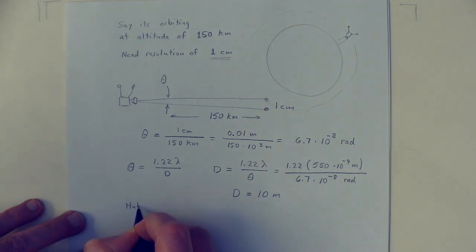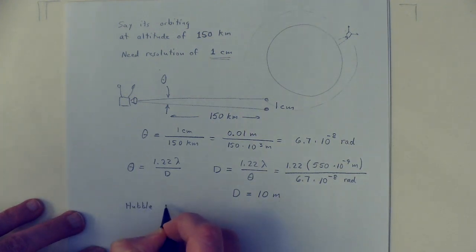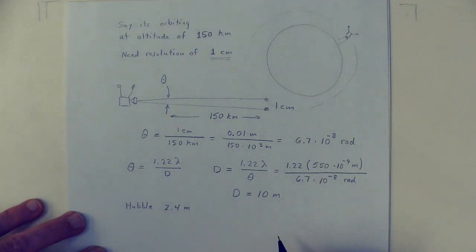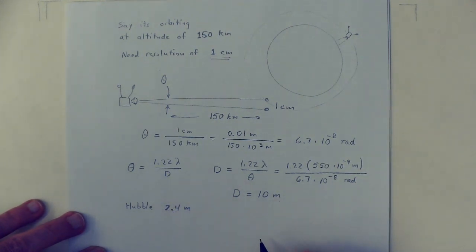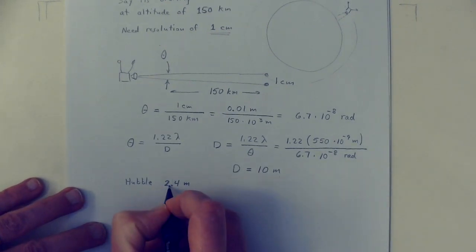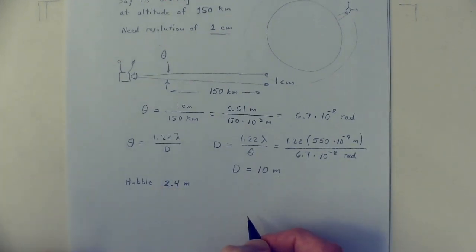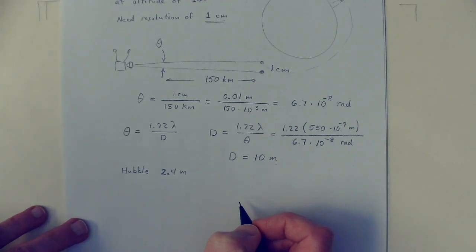And Hubble has a primary mirror that is 2.4 meters in diameter. And you might ask the question, well, if Hubble has a 2.4 meter diameter main mirror, how big a mirror do they have on a spy satellite?